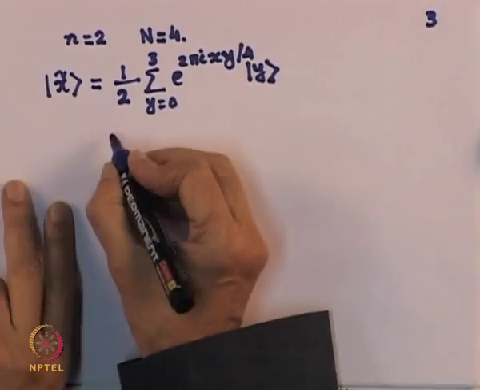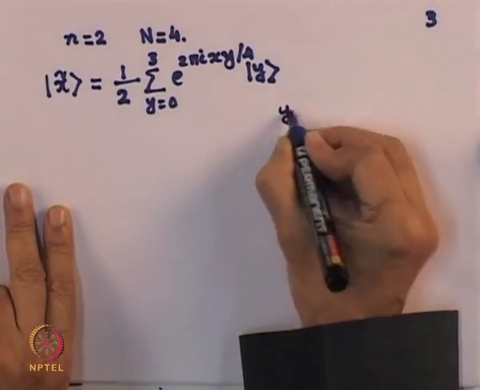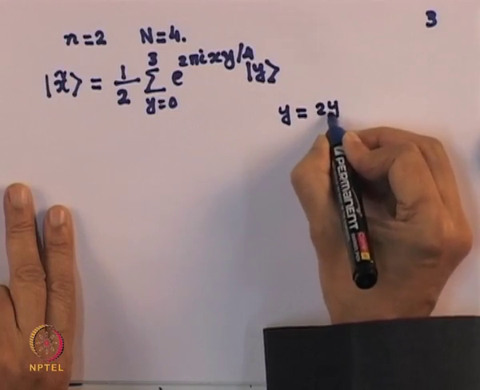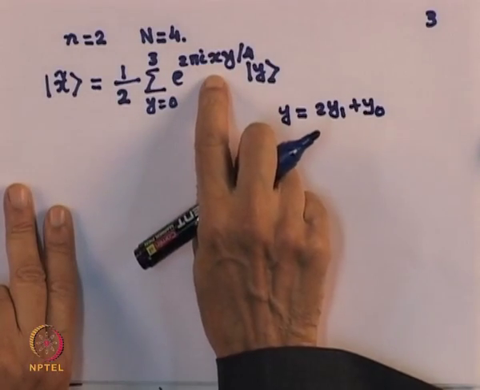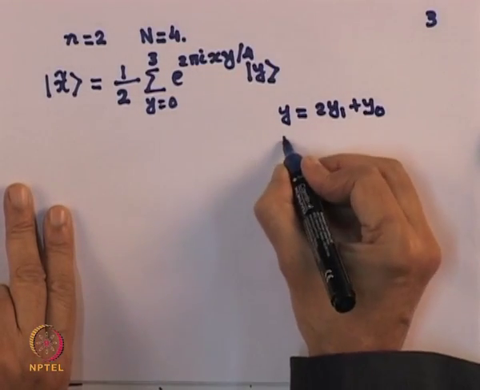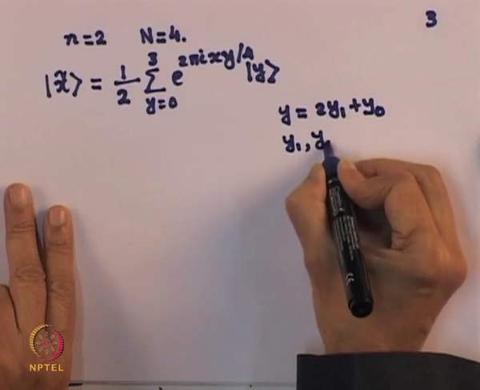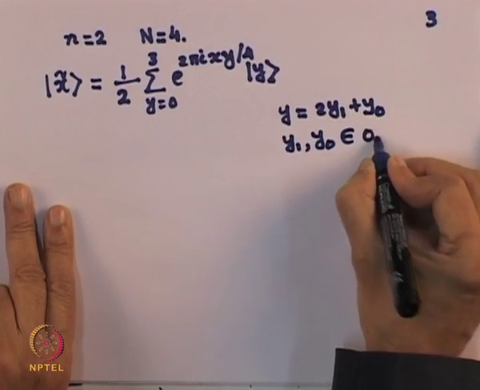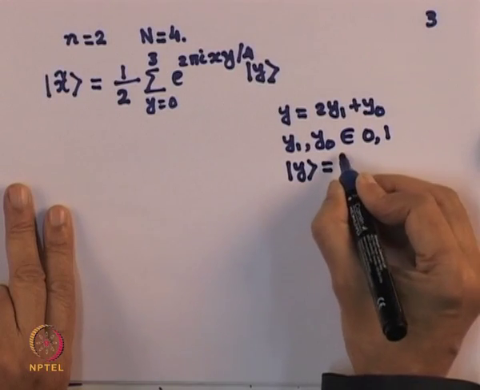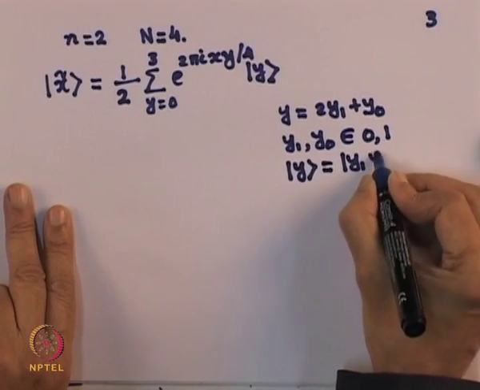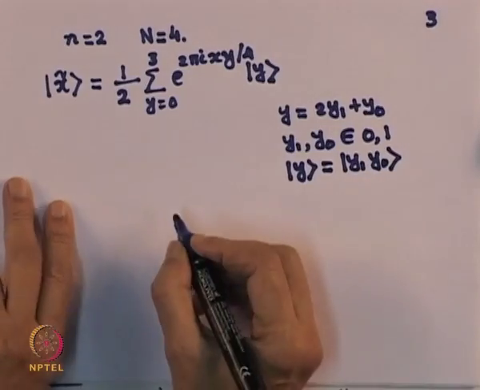So, therefore, let me expand this by writing y is equal to 2 y1 plus y0. I will for the moment keep x the same, where y1 as well as y0 take value 0 and 1, and my state |y> I will write as |y1 y0>, a direct product essentially.